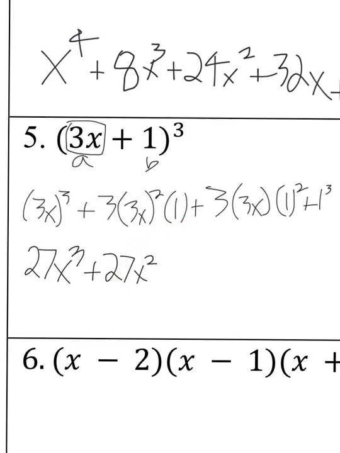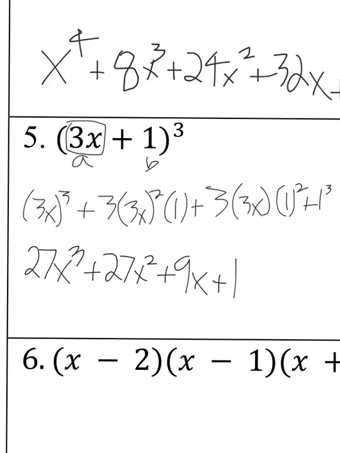And then we have 3 times 3x times 1 squared. So 1 squared is 1, and 1 times 3 is 3. So 3 times 3x is 9x. And then plus 1 to the third power is just plus 1. And that's the final answer.